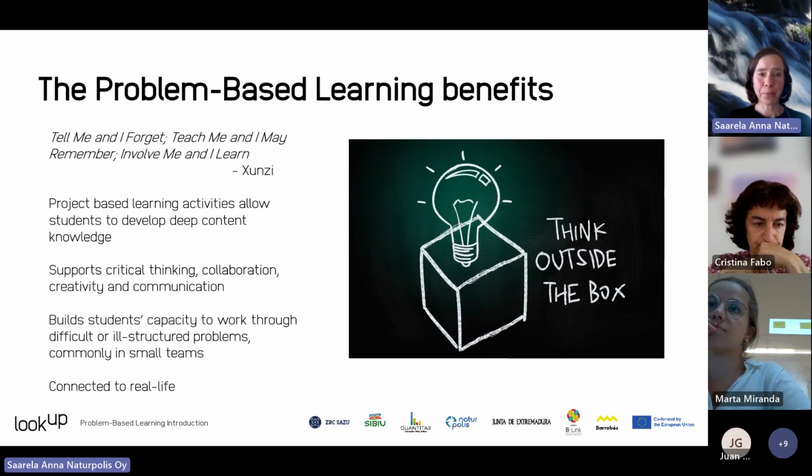It also supports your critical thinking, collaboration, creativity, and communication. And these are things that you need in your working life and when you are coaching and mentoring the SMEs.